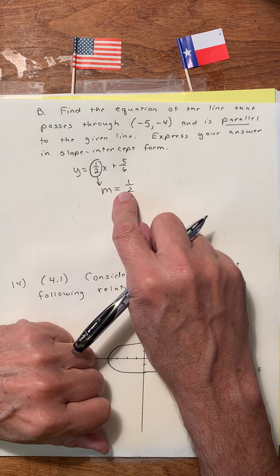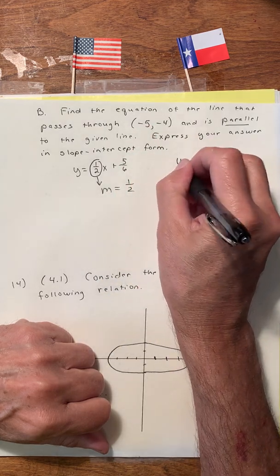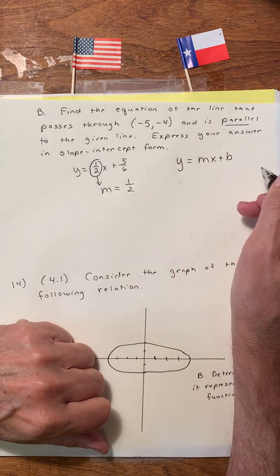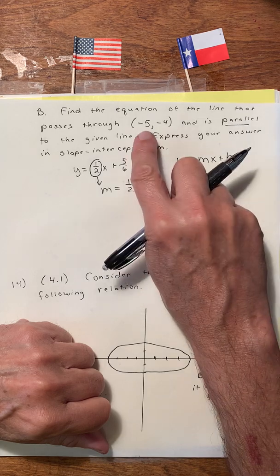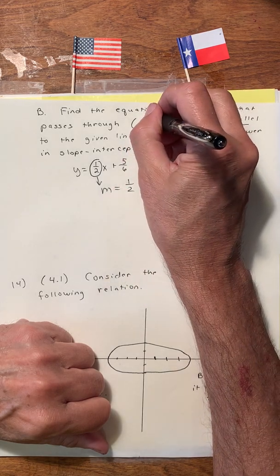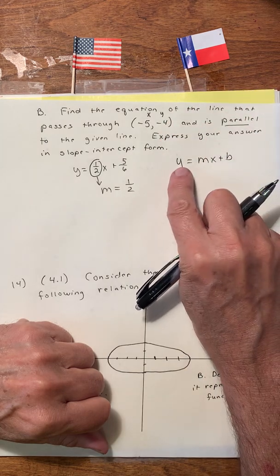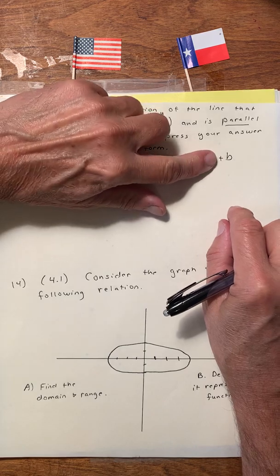They're equally steep, equally slanted. So I know my slope, and I know a point. Let's look at the form y equals mx plus b. I've got the slope, but look here. I've got a point, x and y, x and y. So I have the slope, I got an x, I got a y, I've got everything but b.